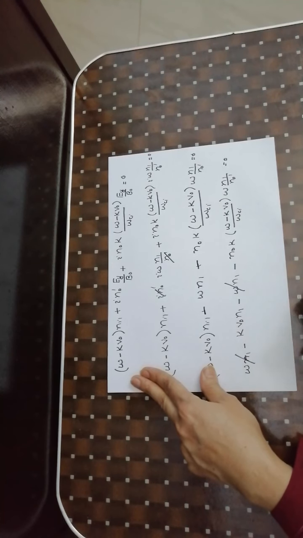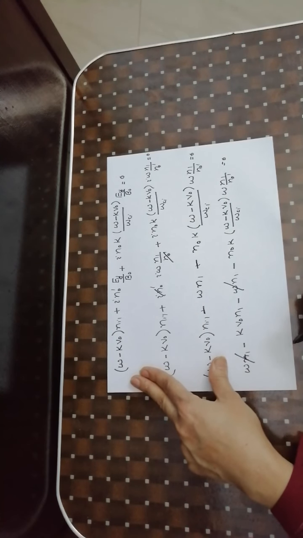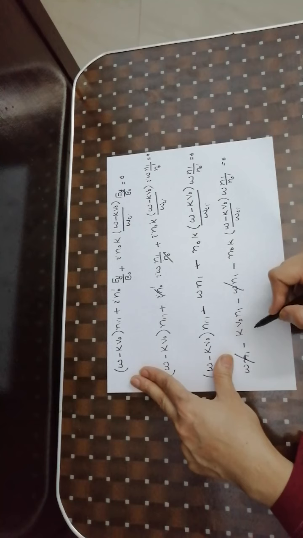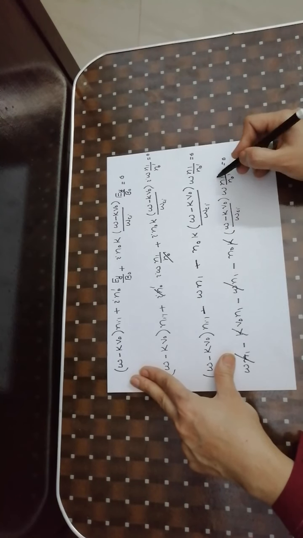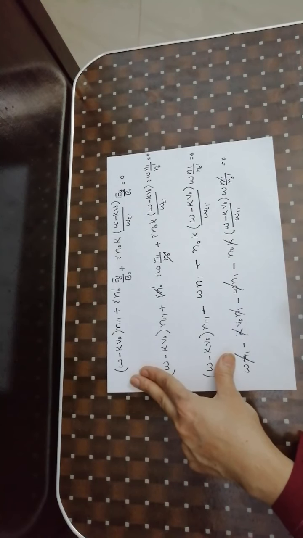This term will cancel out with this one, and we will be left with this. This k we can also cancel out from both terms, and similarly this oscillating quantity N1 will be cancelled out.